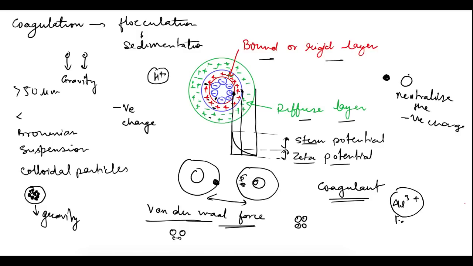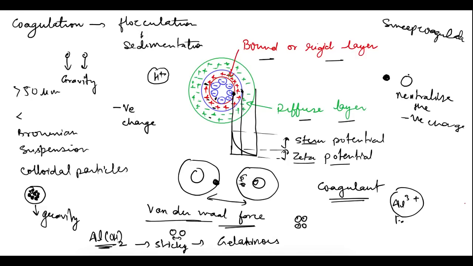For aluminium there is another mechanism known as sweep coagulation. In this process, if we use aluminium, a precipitate of aluminium hydroxide is formed, and this precipitate is sticky, or as we call it, gelatinous.